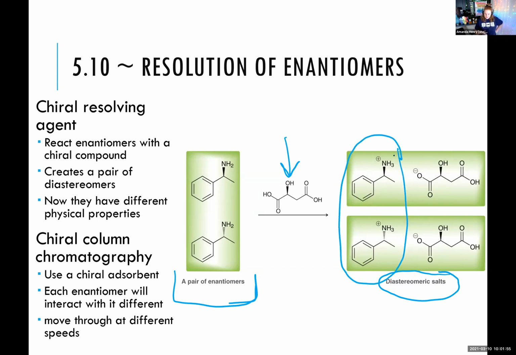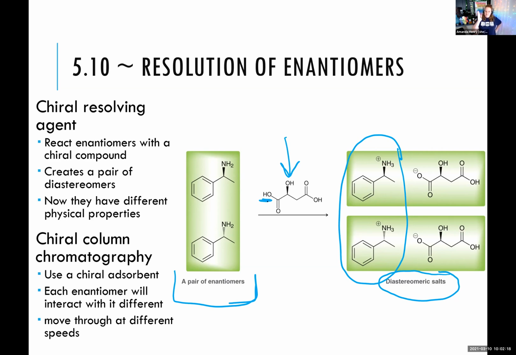Notice they're now charged because they reacted with the acid. The compound that we were reacting them with is an acid. The original enantiomers, because they have the nitrogens, are bases. So now we have ionic compounds that are diastereomers.